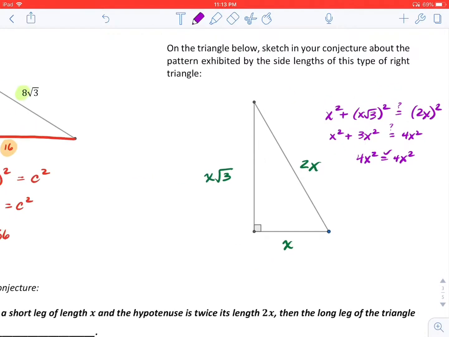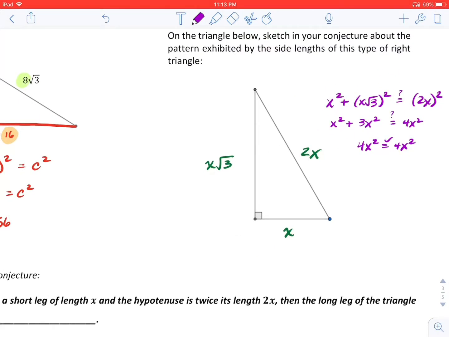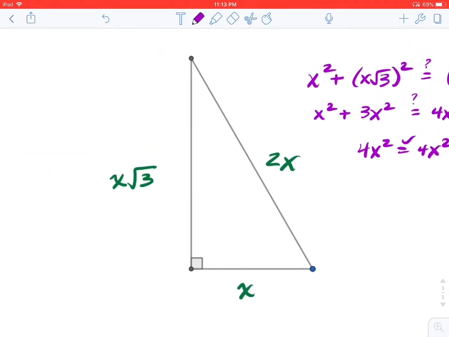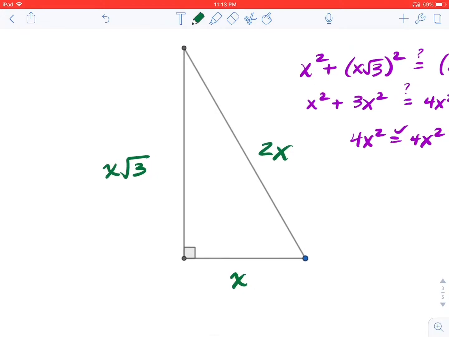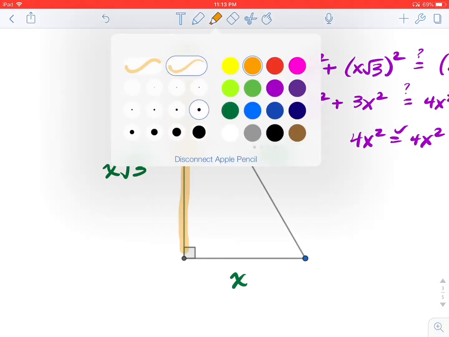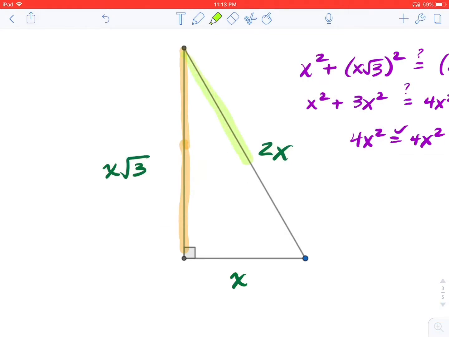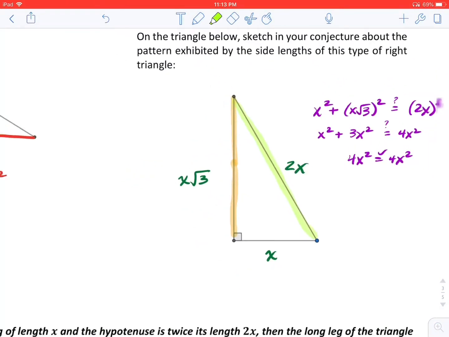So yes, these are the appropriate relationships. In this particular type of triangle, if I knew the short leg was of value x, and I could establish a relationship being that the long leg was the short leg times the square root of 3, and the hypotenuse was twice the length of the short leg, then I could use the converse Pythagorean theorem to show that that was a true example of a triangle.